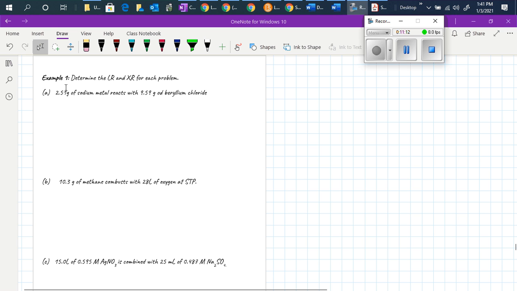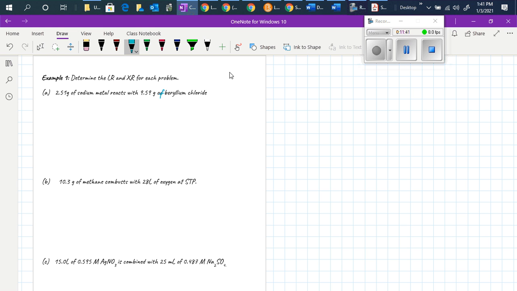When we are not using the moles as you saw here, what we are doing is stoich, and then based on the information that is coming, we decide which one is the limiting and excess reactant. So now we have 2.51 grams of sodium metal reacting with 9.59 grams of beryllium chloride.